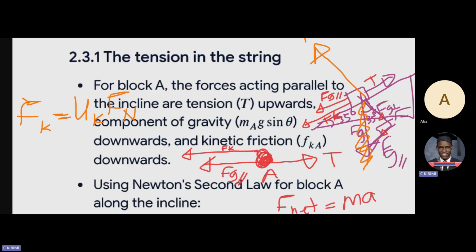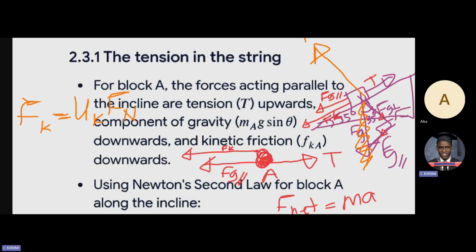That Fg goes. In our calculations, we are no longer going to deal with Fg. We only deal with Fg when we are saying Fg parallel is mg sine theta, mass times acceleration due to gravity, because Fg is opposite to 35 degrees. And the Fg perpendicular, we use cos because it's adjacent to 35 degrees on the triangle.